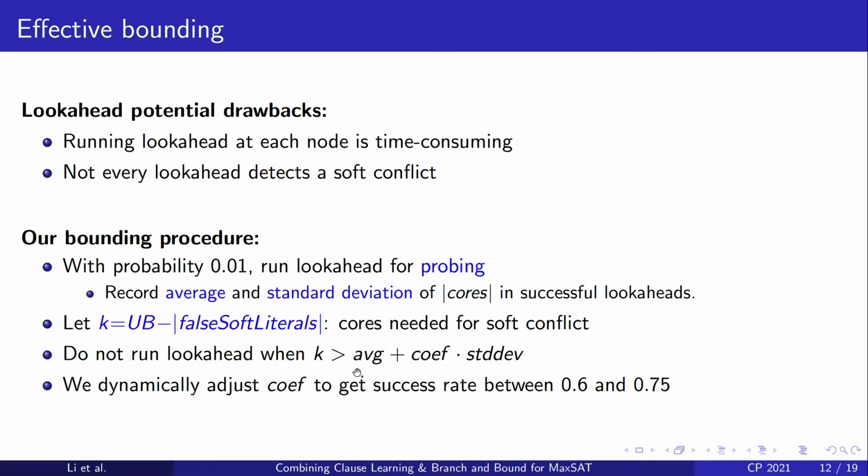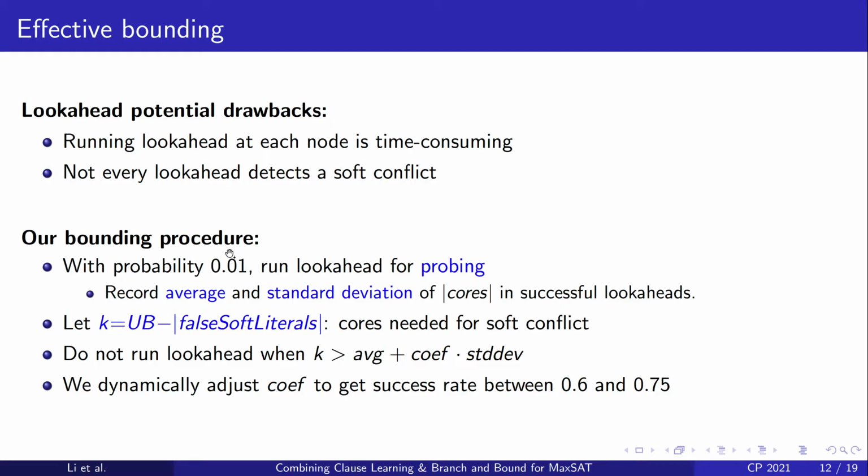So, with probability 0.01, we will always run look-ahead for probing purpose, and from the runs we will record the average and the standard deviation of the number of cores that we detected, but only in successful look-aheads. This means look-aheads that detected a soft conflict.